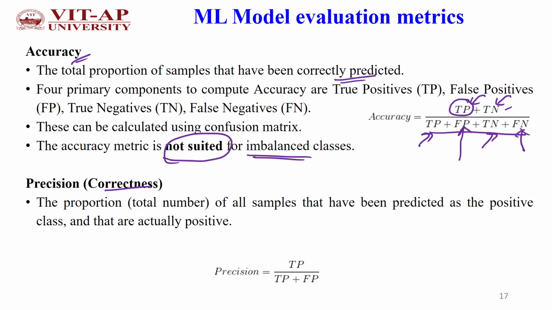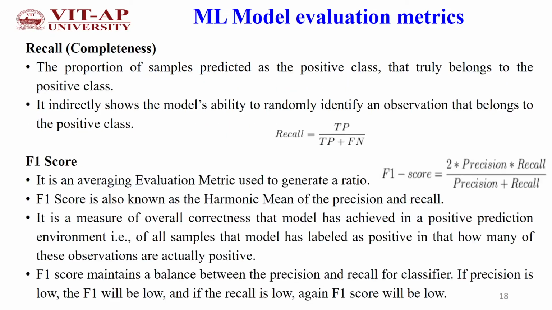Precision is the correctness, which defines the total number of samples correctly identified as positive from the actual positive samples. From here you look at that, true positive divided by true positive plus false positive, these are actually negative samples falsely identified as positive samples.